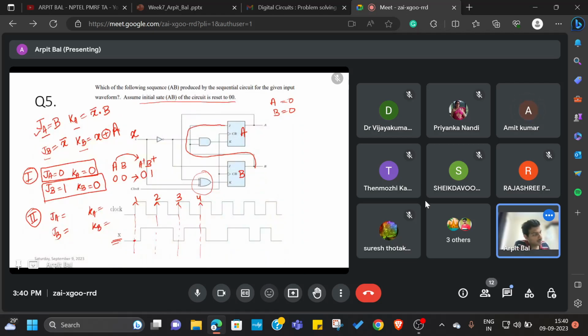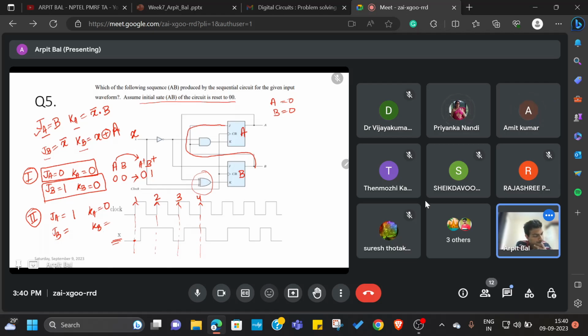JA is 1, and KA equals to 0. Correct. And what is JB and KB? JB equals to also 1.